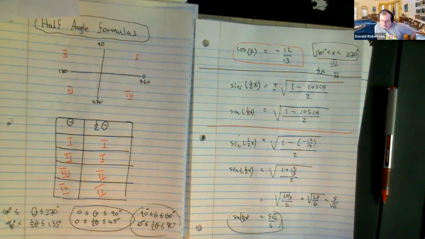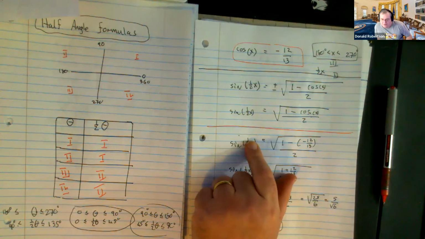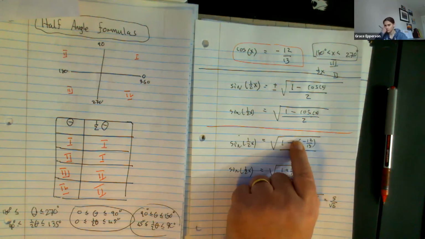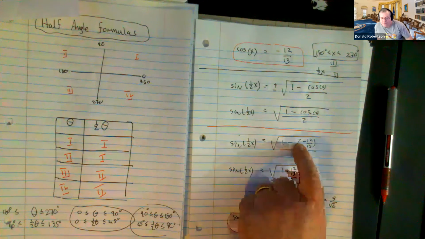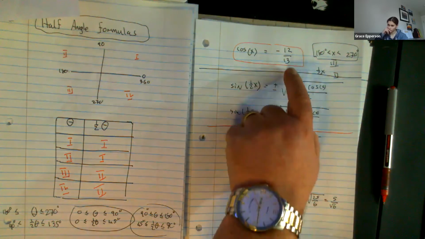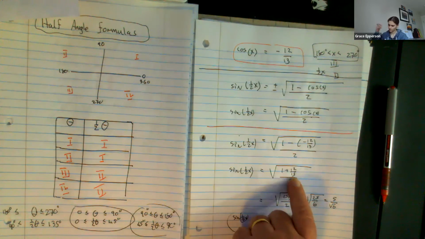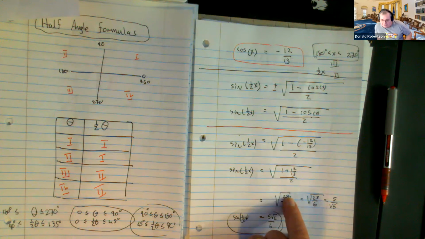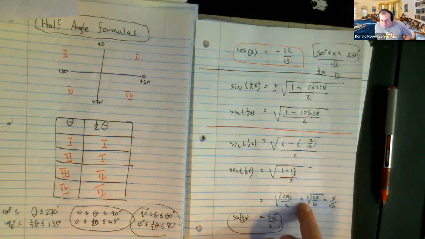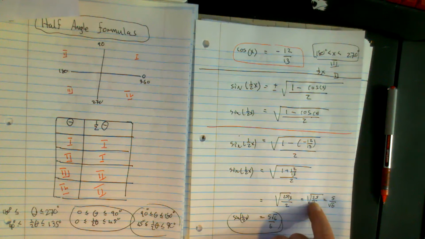I went through the last bit pretty fast, but the sine of x over 2 is this formula, right? 1 take away the value of the cosine, which we know, which is plus. Add them together is 25 thirteenths over 2. Wait, isn't that 13ths? Say again?